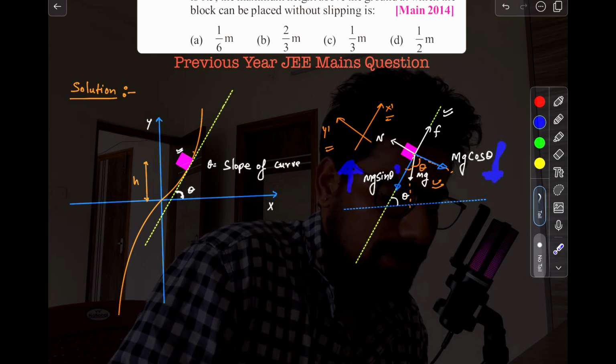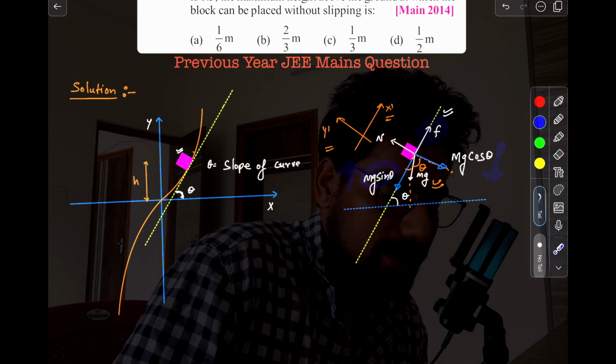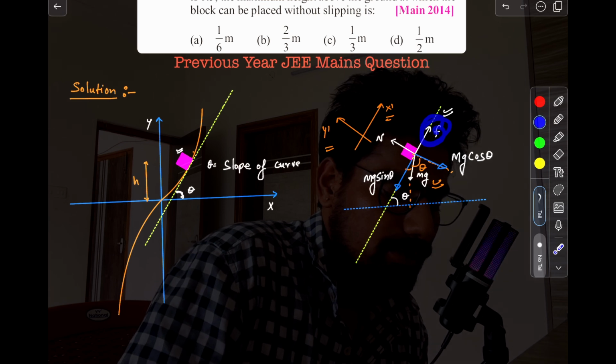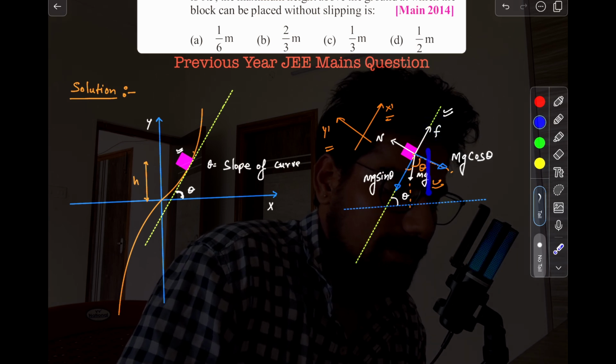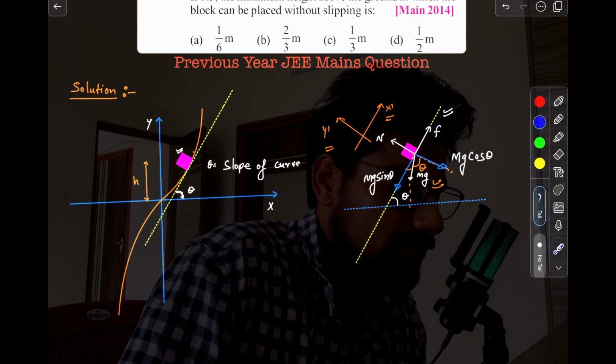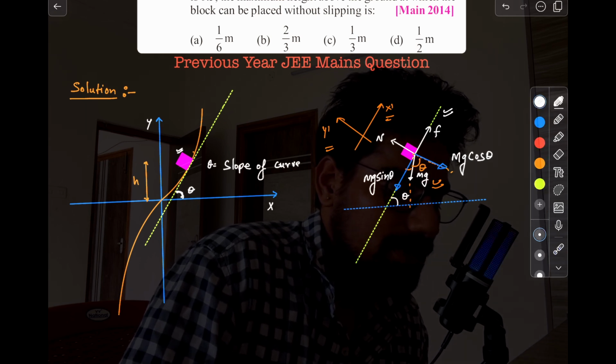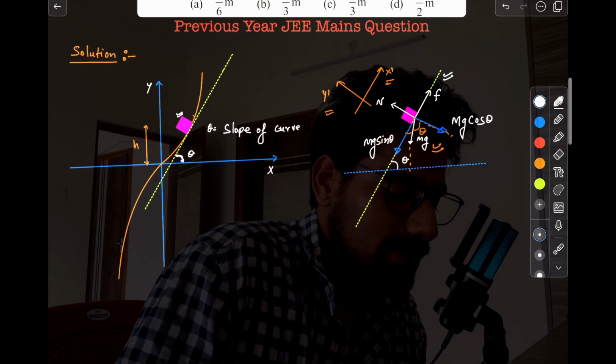At some point the mg sin theta will become equal to the static limiting friction. Beyond that friction will not be able to balance. So if you increase the height again from this point, then the sliding will start, right? So from here we get to know the condition for the maximum height.